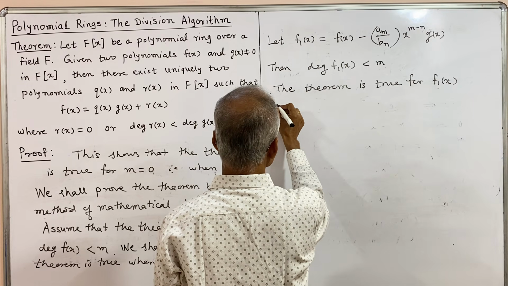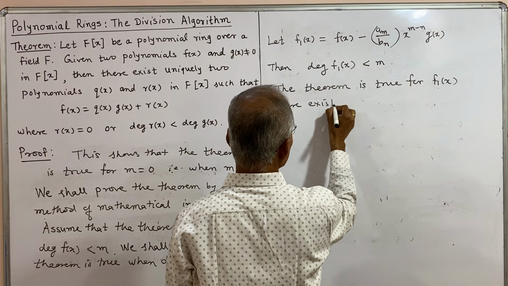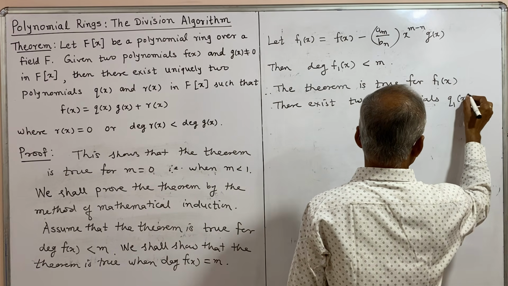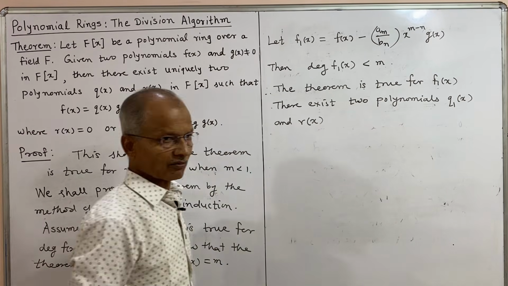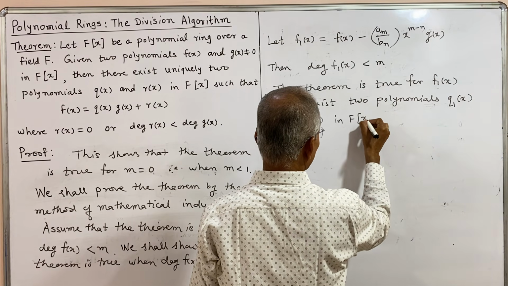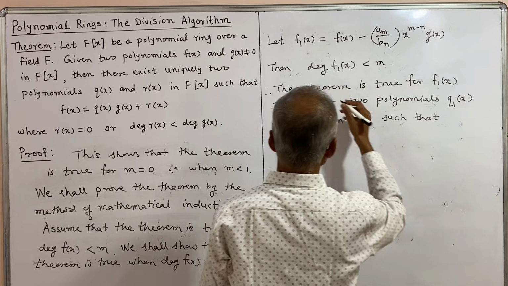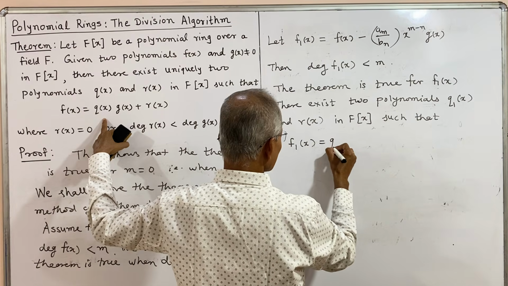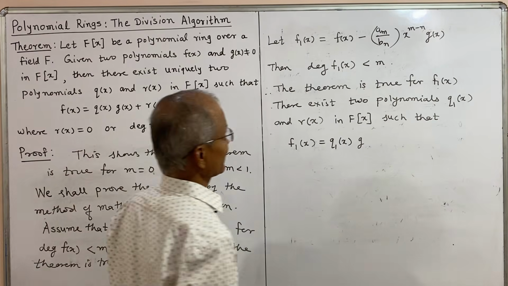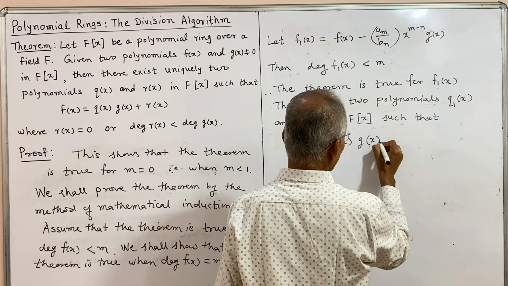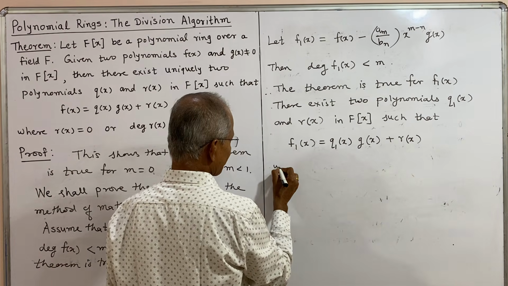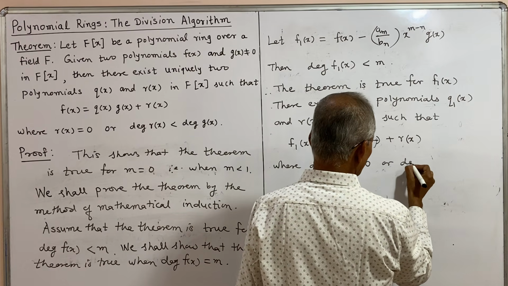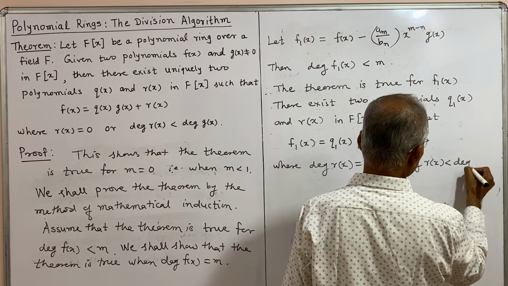Therefore there exist two polynomials q1(x) and r(x) in F[x], the ring of polynomials, such that, applying the theorem for f1, f1(x) is equal to q1(x) into g(x) plus r(x), where degree of r(x) is 0, or degree of r(x) is strictly less than degree of g(x).